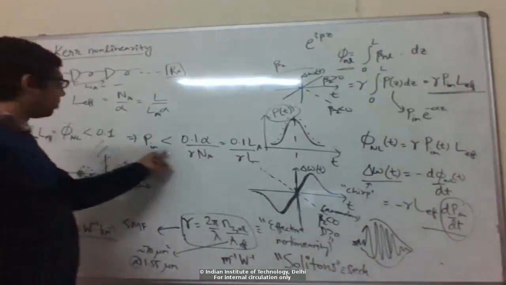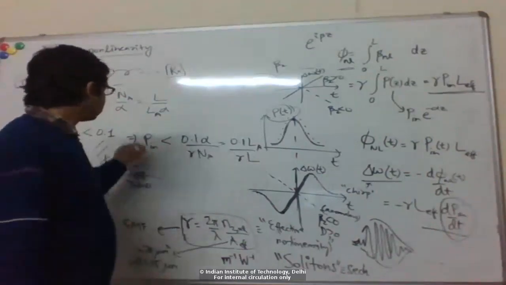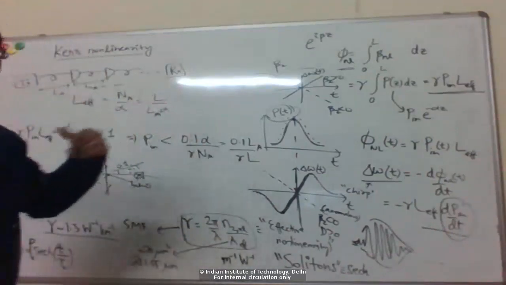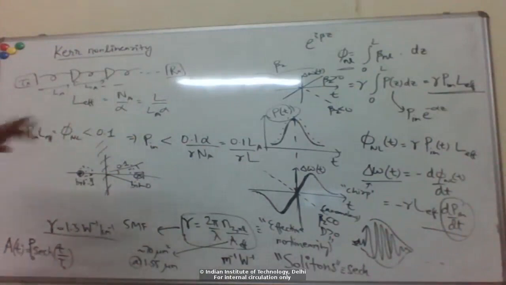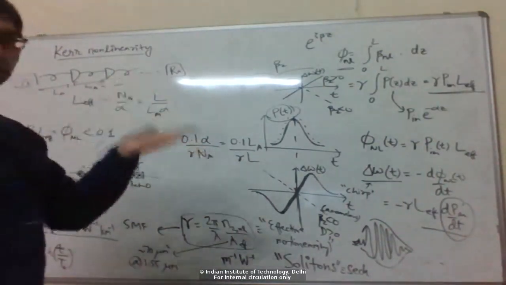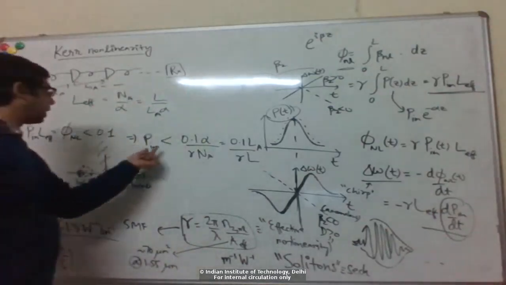So you can see that if I want to have a longer link, then I have to reduce my power. Similar to, for example, what we had for the Raman scattering. There, of course, the effect was different, but again, we had this crosstalk that put a limitation on the power we can send in the bit, or in the optical pulse.